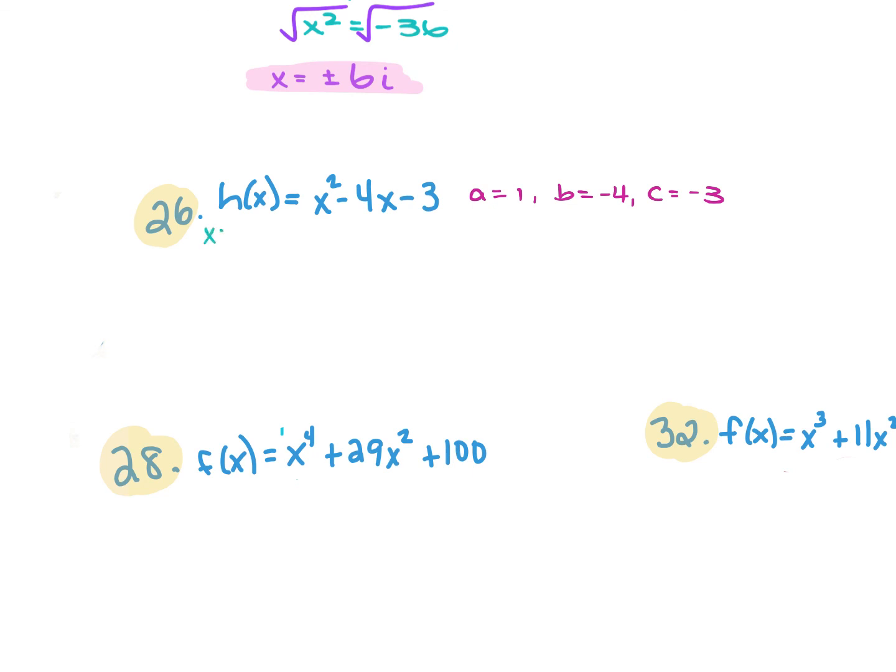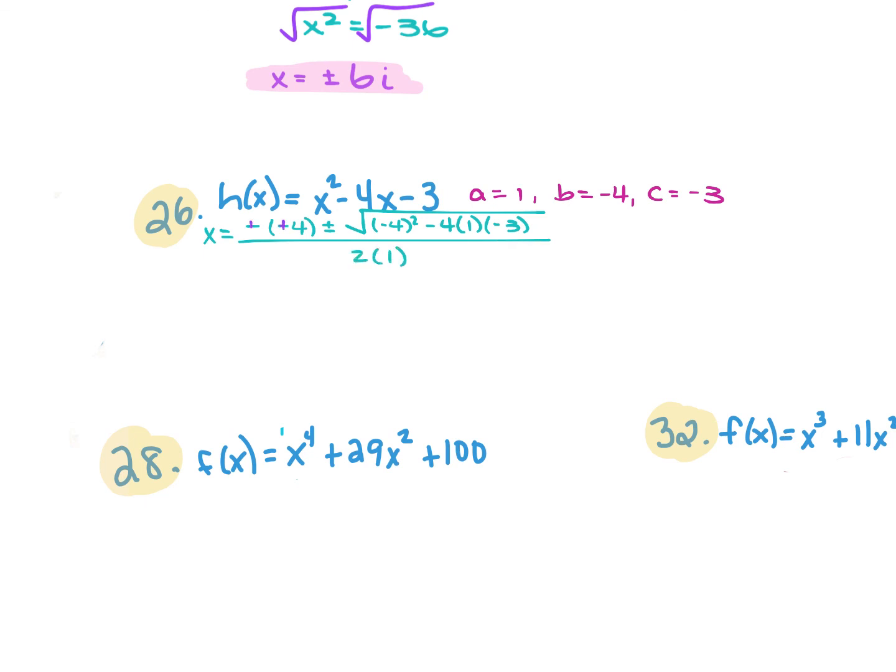So we're going to have x is equal to the opposite of negative 4, plus or minus the square root of negative 4 squared minus 4 times 1 times negative 3 all over 2 times 1.